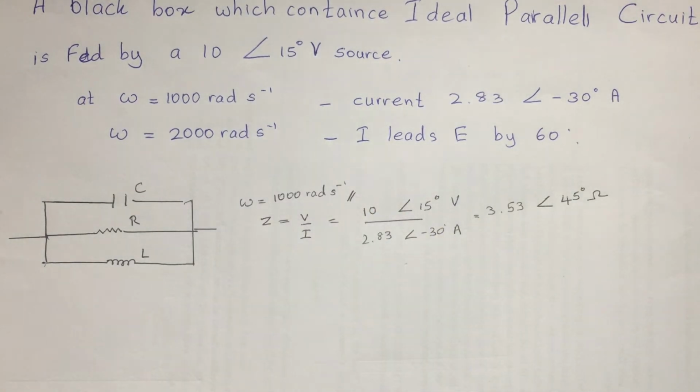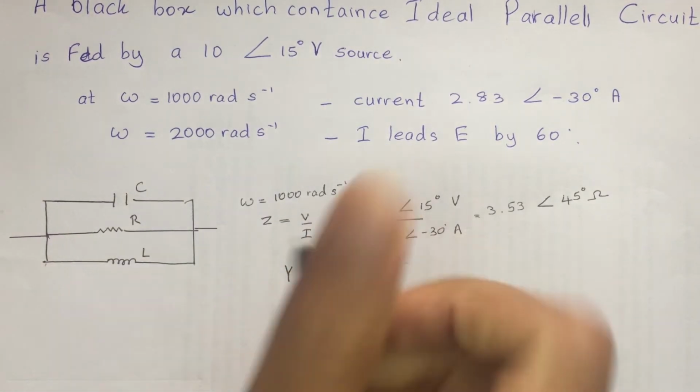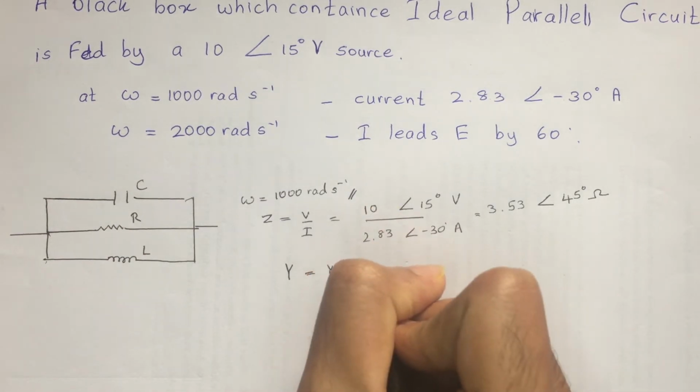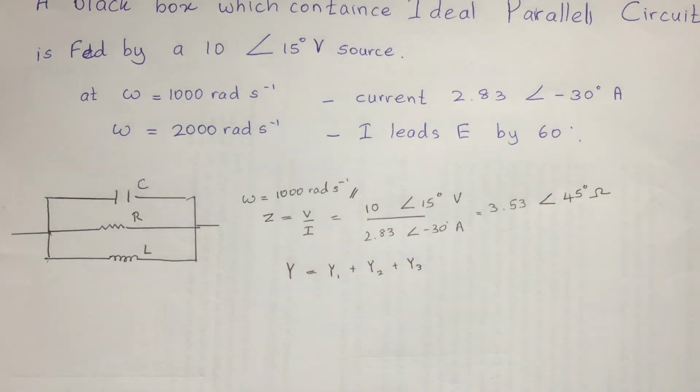So what are the equations we can write from this one? Actually, we knew that when there are three elements connected in parallel, we can directly use one thing: the total admittance of this circuit would be the addition of each admittance, Y1 plus Y2 plus Y3. This is an important equation you can use when there is an ideal parallel circuit.